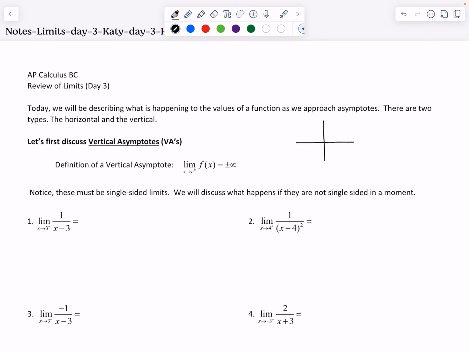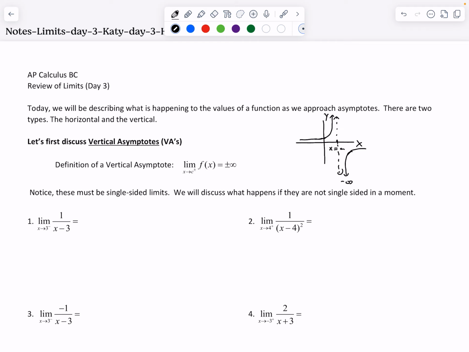If we have a graph, an XY coordinate plane, and let's say we have a vertical asymptote somewhere here at x equals a. There's our vertical asymptote. So what happens at a vertical asymptote is, as we approach it, the function can either go up towards infinity, or it can go to negative infinity.